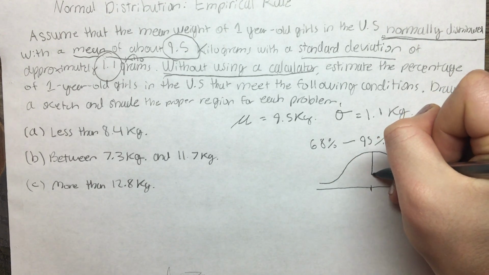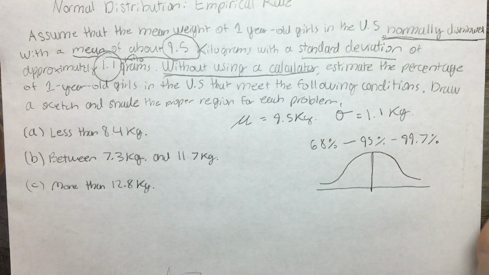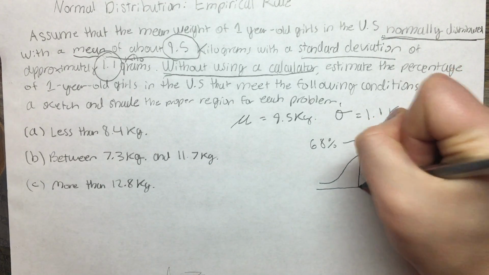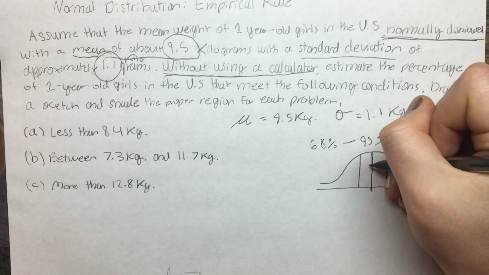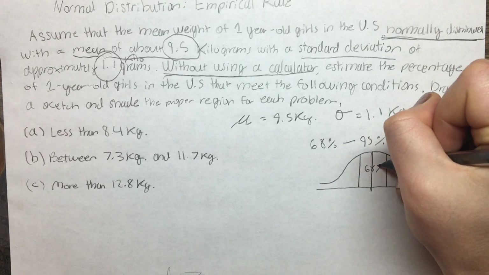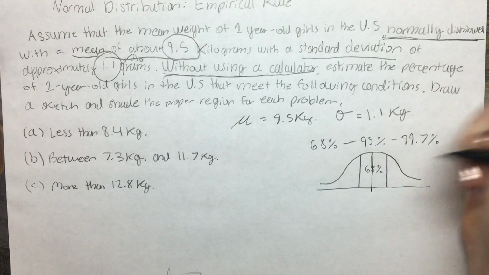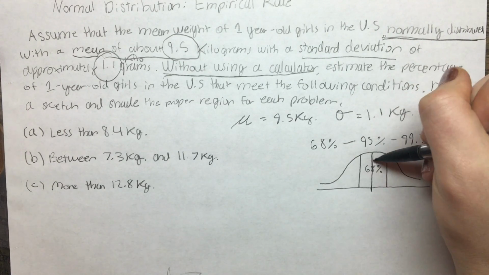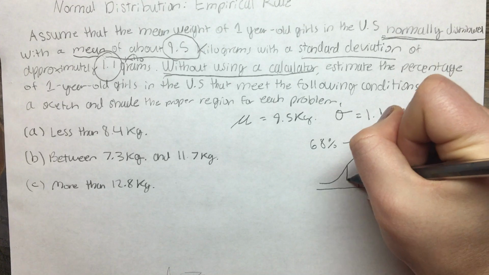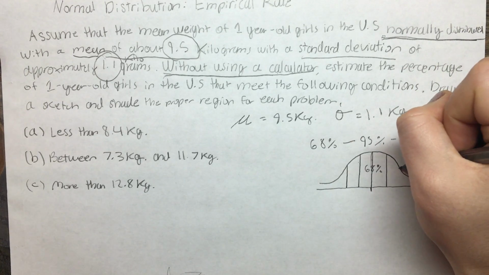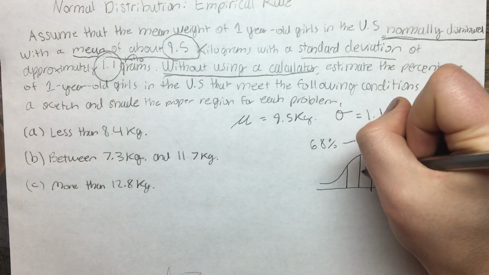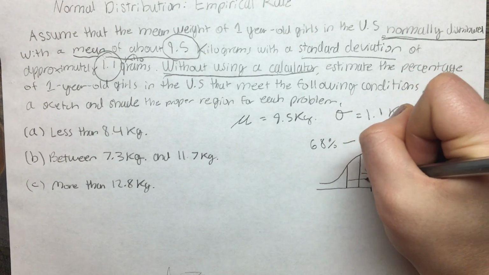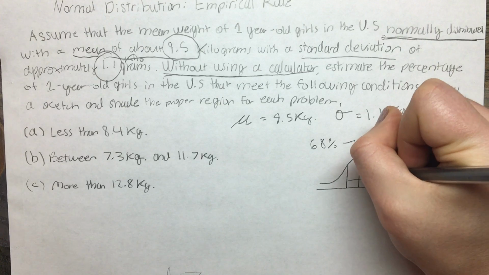One standard deviation away from the mean is 68% of the distribution. Two standard deviations away from the mean, so here's another standard deviation, and another one, is 95%.